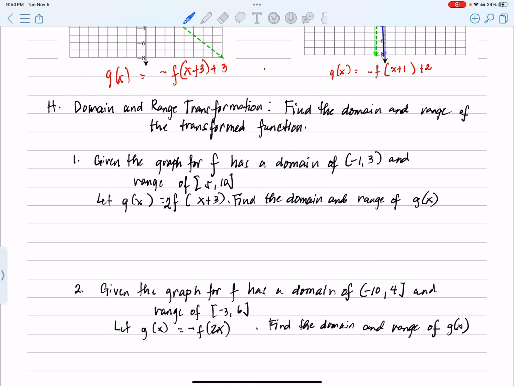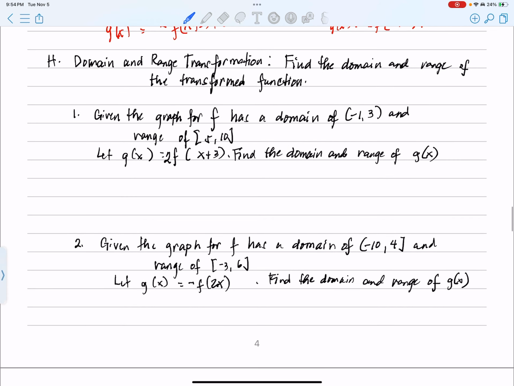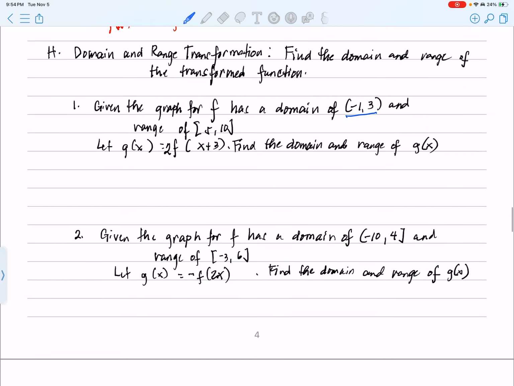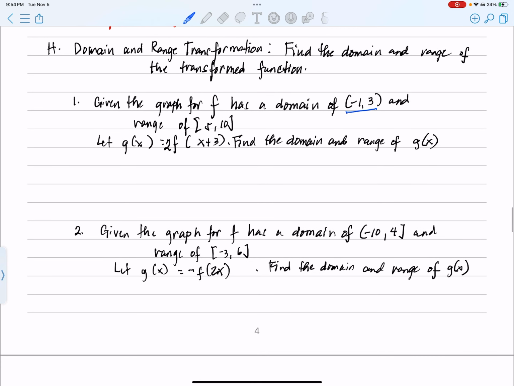Given the graph f has a domain of -1 and 3, and the range is inclusive 5, 10. 5 to 10 inclusive.